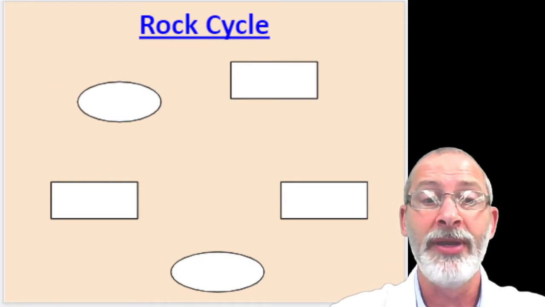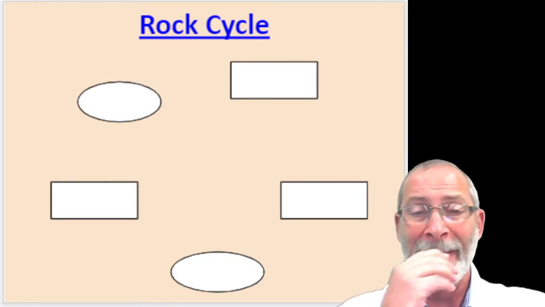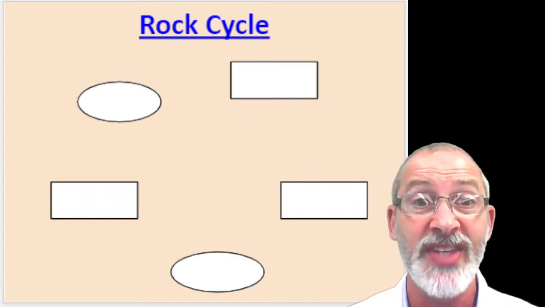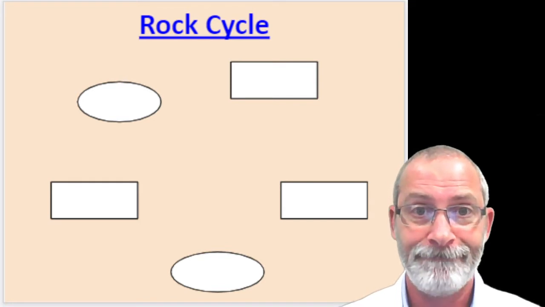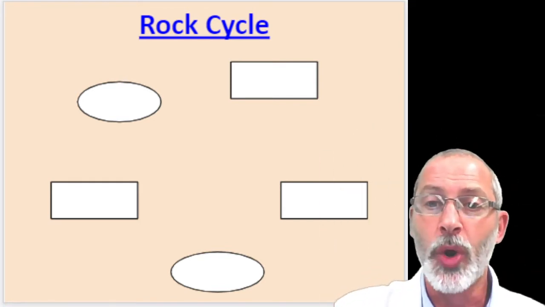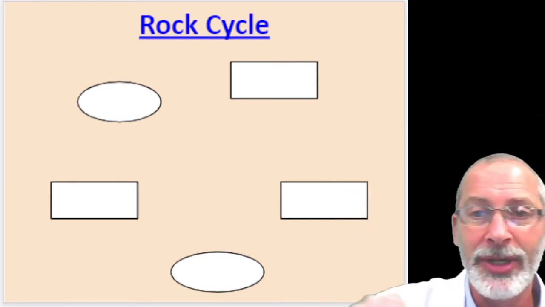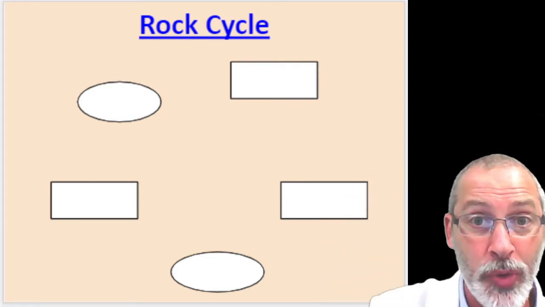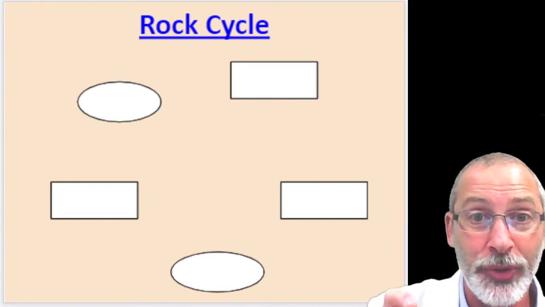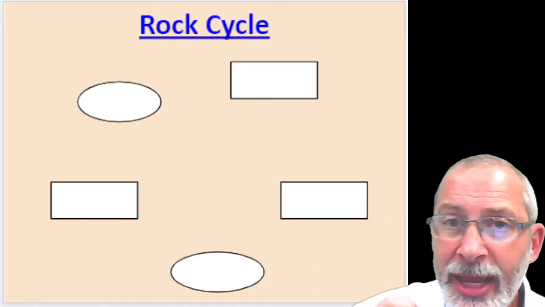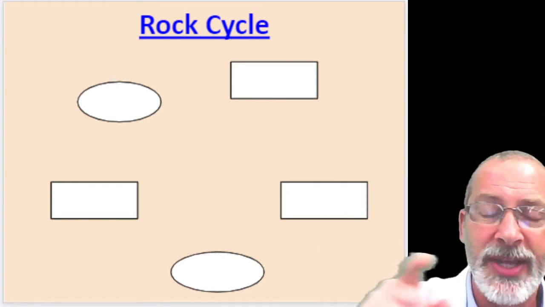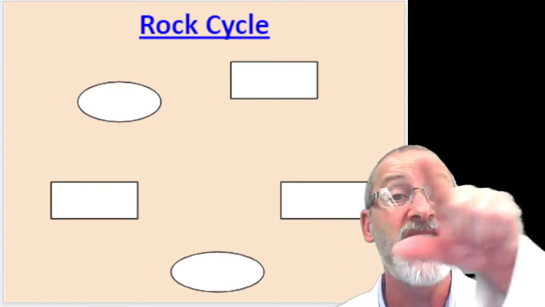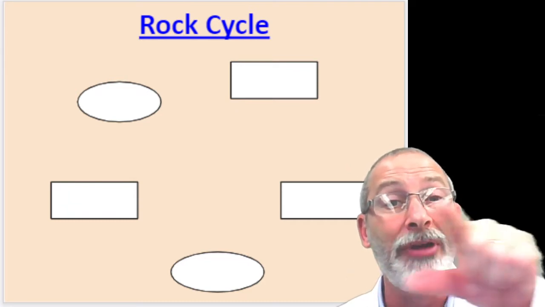So let's examine the rock cycle. And before we even begin, let's just briefly talk about the word cycle. The word cycle means to go around and around and around, like a bicycle wheel that has spokes attaching the hub to the rim. But the mere name cycle means that something repeats itself over and over again, like the water cycle goes around and around.